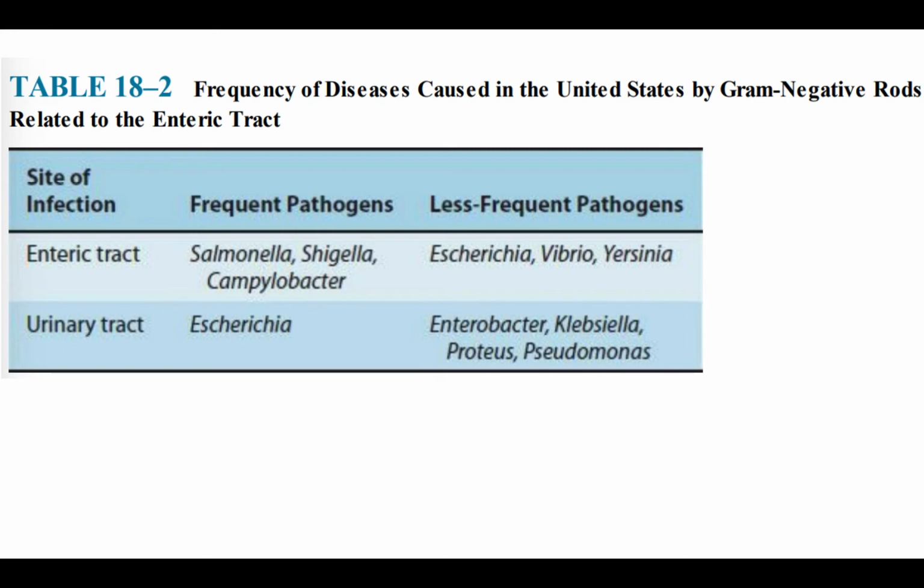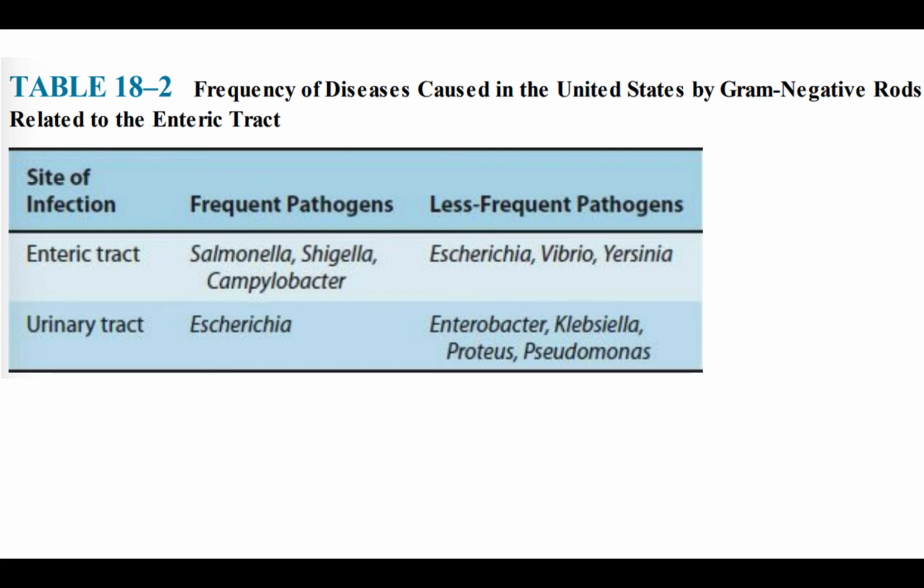These numbers vary from time to time, from country to country, from region to region even within the same country, but we always have Salmonella, Shigella, and Campylobacter as the dominant causes of enteric tract infection. What does enteric tract infection mean? It means diarrheal disease, gastroenteritis. That's what we're talking about.